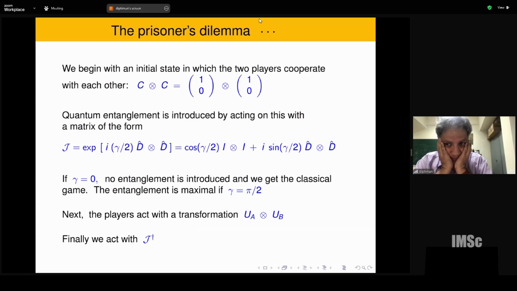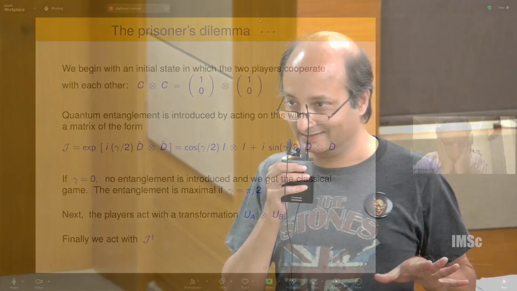So Diptiman, this question of Harish's actually just made me think of something. The concept of entanglement is that the states are somehow correlated.